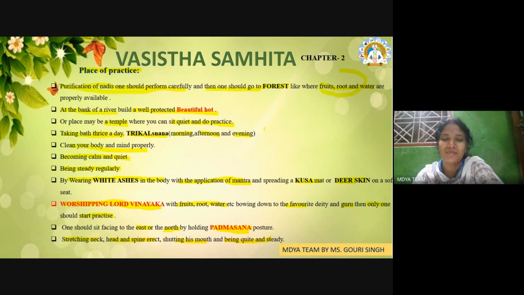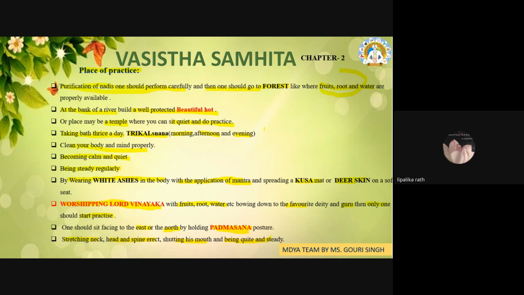Lipalika ji, that is not mentioned here, but mostly whatever ashes are taken, different philosophies say different things. Whoever believes in Natha philosophy, means Shiva, Saivism, they will go for the ash of the dead body, whatever ashes they adopt. But in Vaishnava dharma, they will use different ones. Different means what, ma'am? That I want to know.